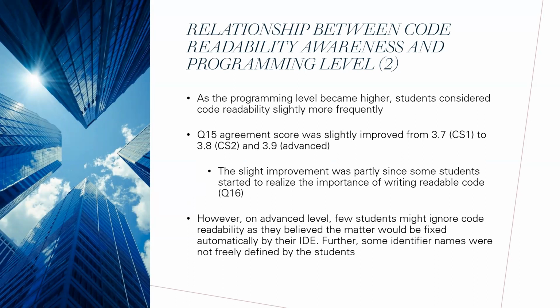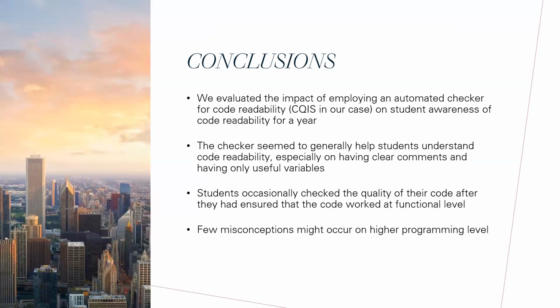The slight improvement was partly since some students started to realize the importance of writing readable code. However, on advanced level, few students might ignore code readability as they believe the matter should be fixed automatically by IDE. Further, some identifier names were not freely defined by students.